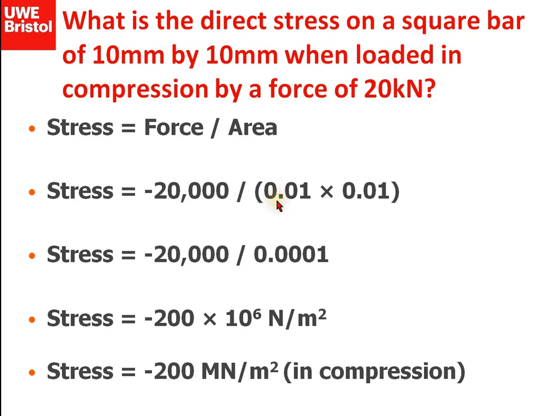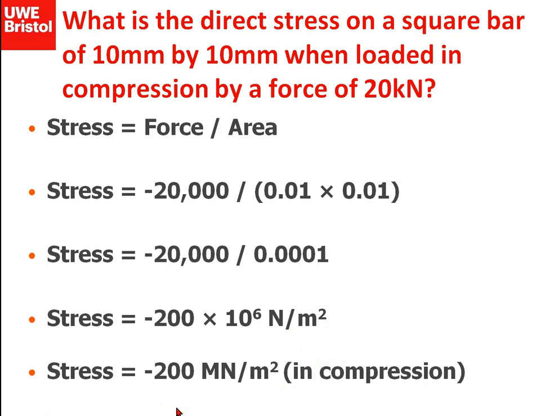The area is this time easy to calculate. It's just 0.01 times 0.01. Okay, so let's work that out. Straightforward. We could dump all this straight into our calculator, this previous line. And then we're going to end up with a result of minus 200 times 10 to the 6, which is in units newtons per meter squared.